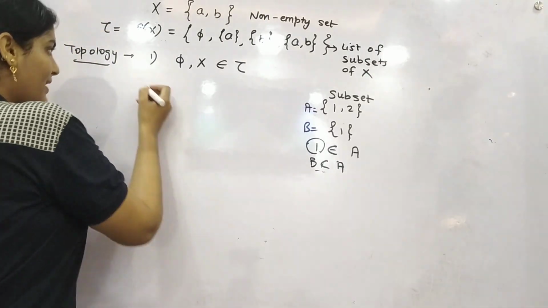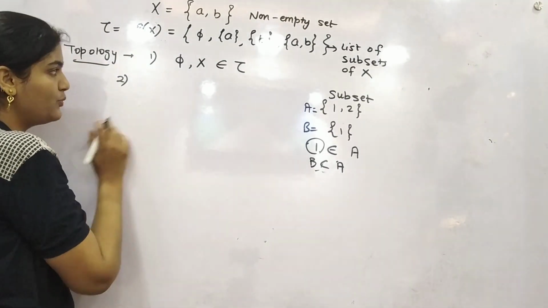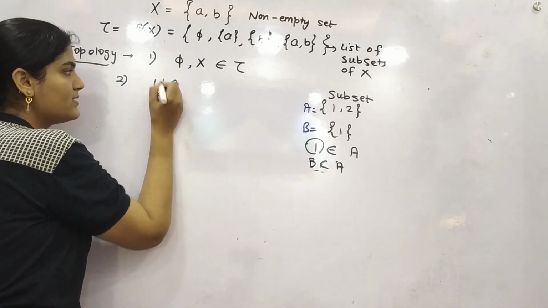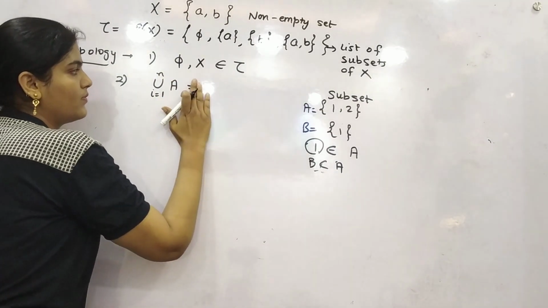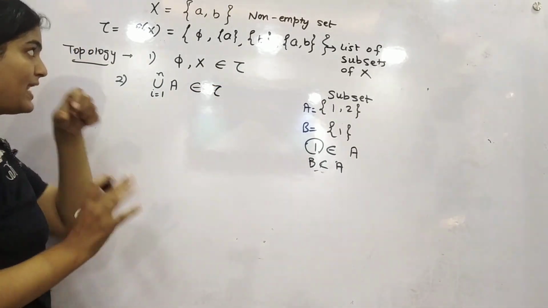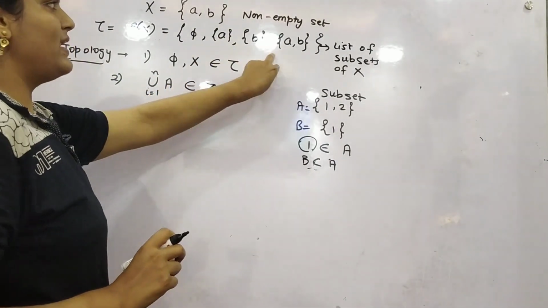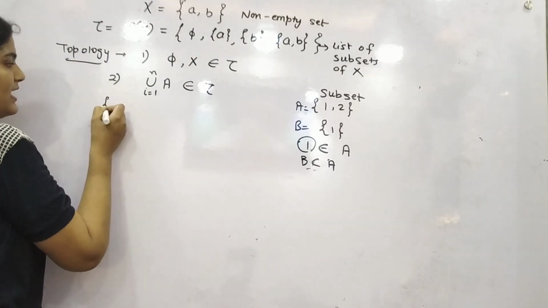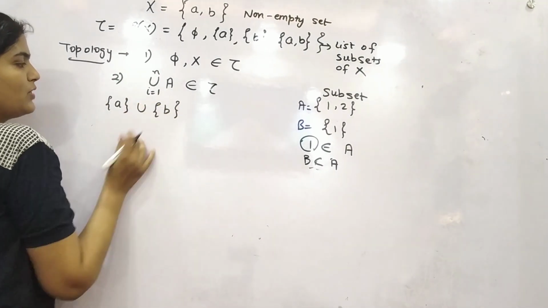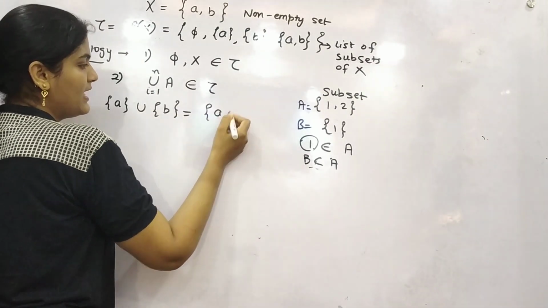Secondly, that topological set should contain the union of finite elements in it. What does it mean? Let's say you have any two elements you can opt, let's say A and B. If you do the union of these elements, what will you get? AB.